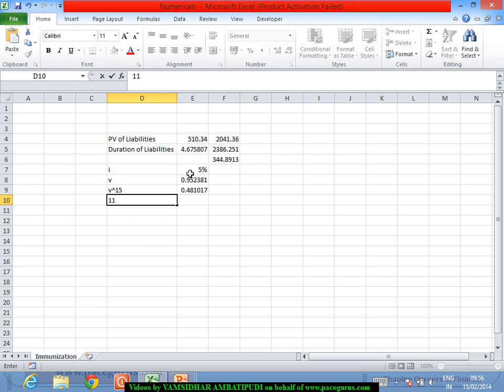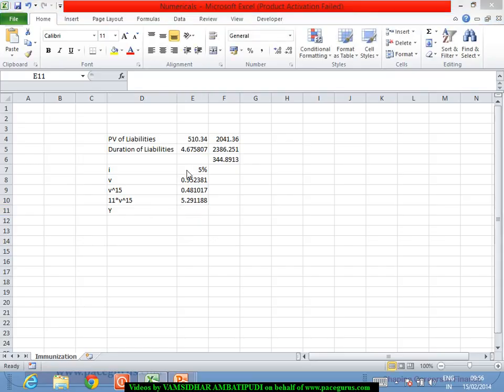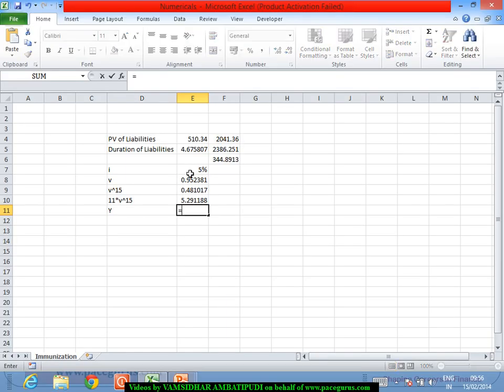So 11 into v^15 gives me 11 multiplied by this. So the value of y which can be obtained from here is 344.89 divided by 11 v^15.